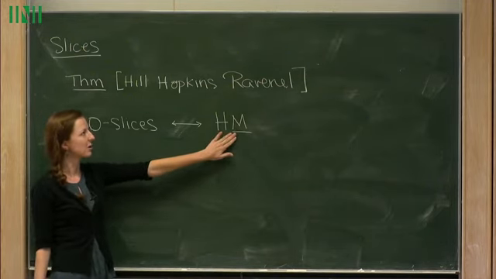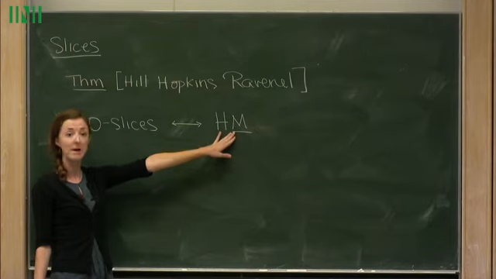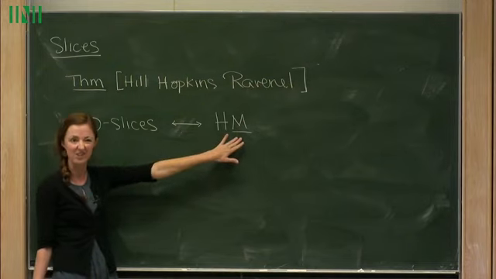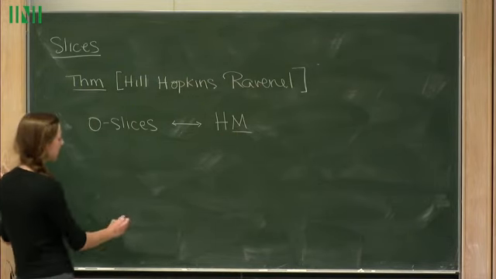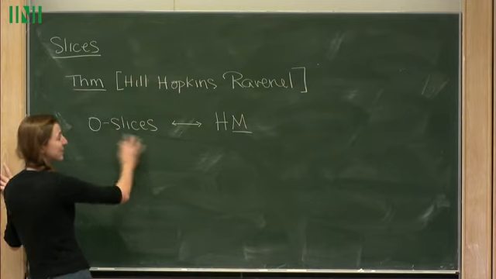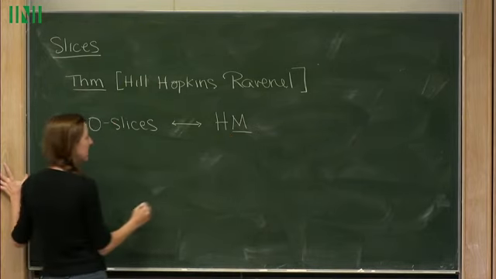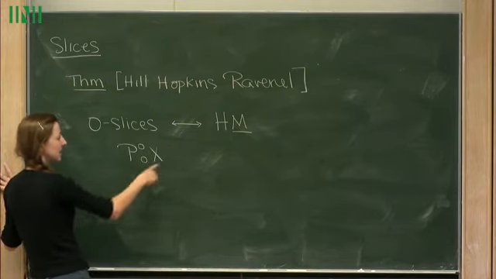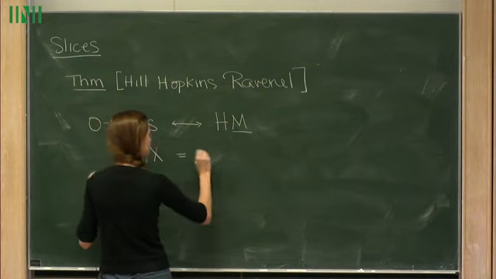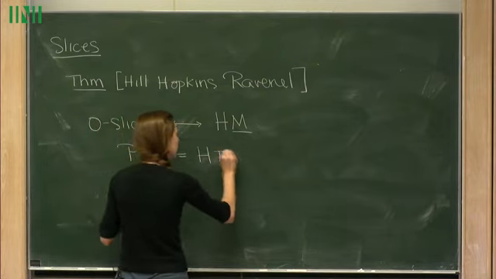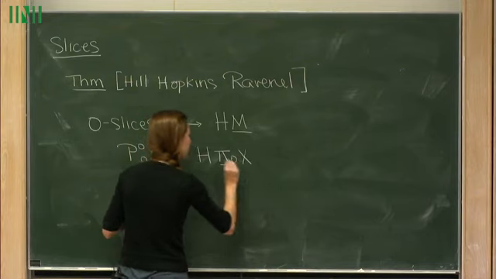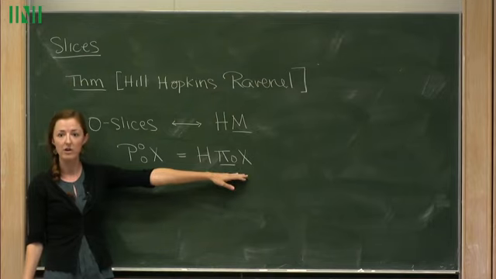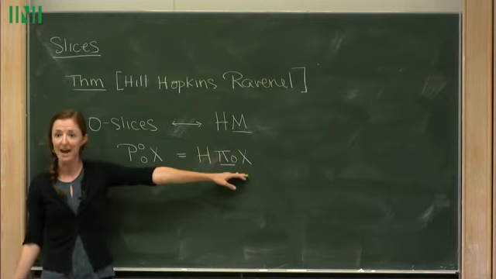I'll say a little more about Mackey functors, but you can think about this in the sense that Anna Marie and Tina have been talking about, and I use this underline to denote it. In general, 0 slices are Eilenberg-MacLane spectra, but more precisely, the 0 slice of a G spectrum would be the Eilenberg-MacLane spectrum that comes from the 0th equivariant homotopy group of our spectrum X.